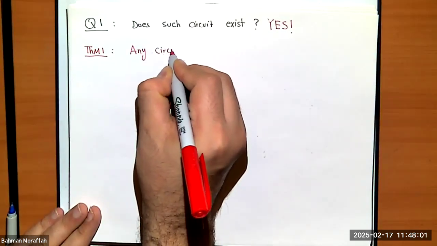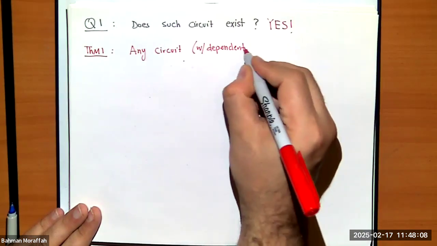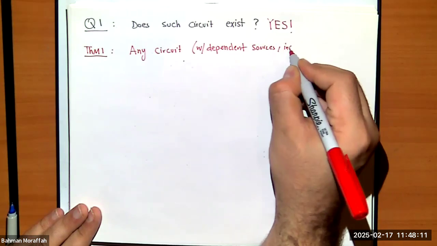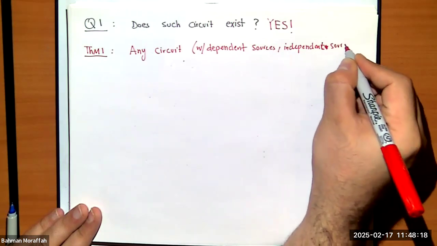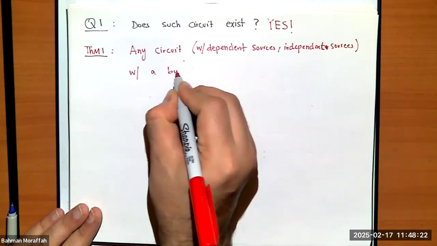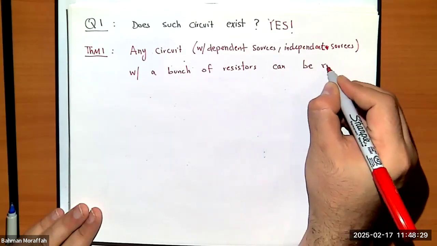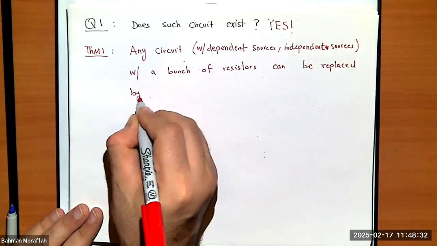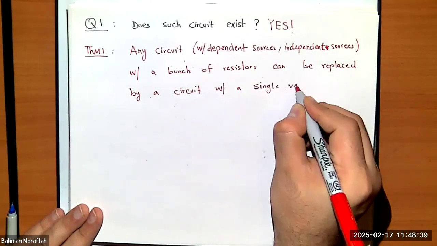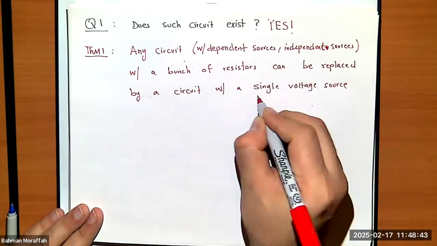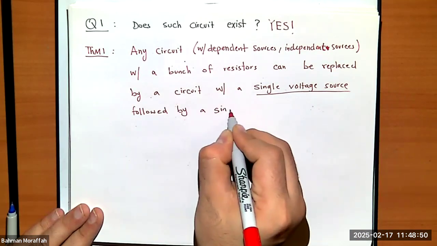Any circuit with dependent sources, independent sources, with a bunch of resistors can be replaced by a circuit with a single voltage source followed by a single resistor.